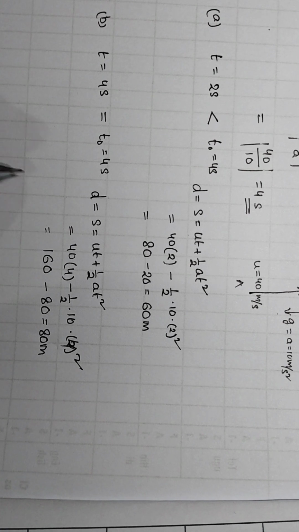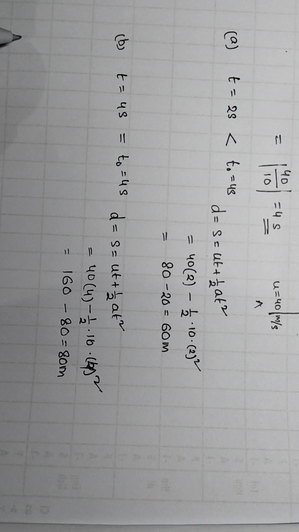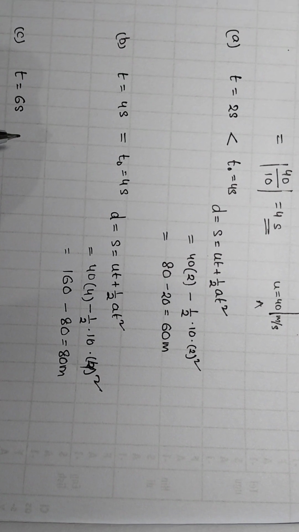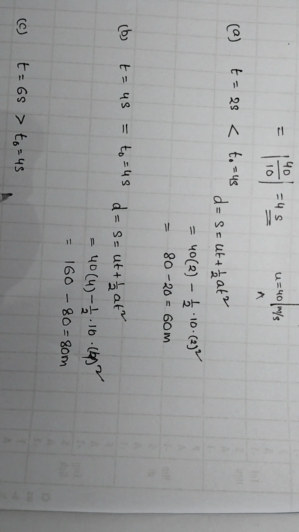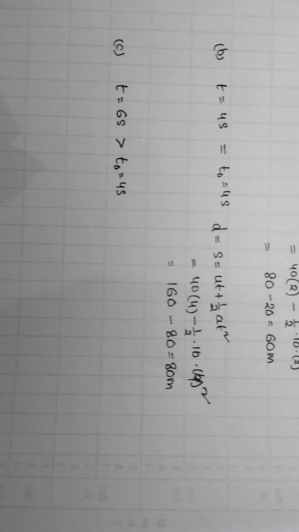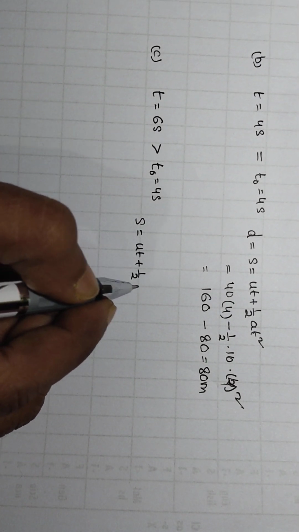And when it comes to C, t is equal to 6 seconds, which is greater than the t naught value of 4 seconds. So to find the displacement directly, we can use s is equal to ut plus half of a t square.